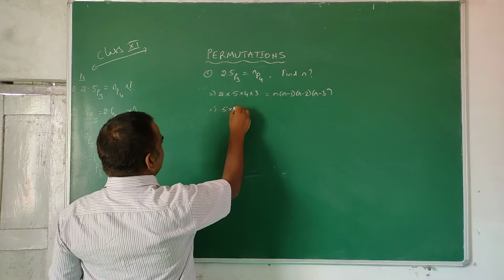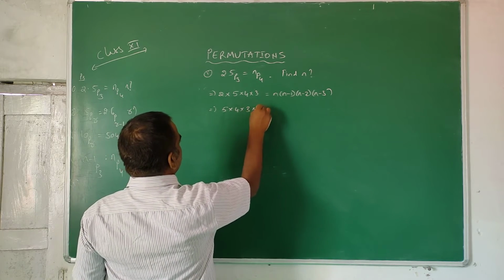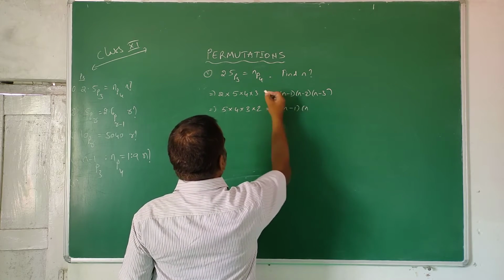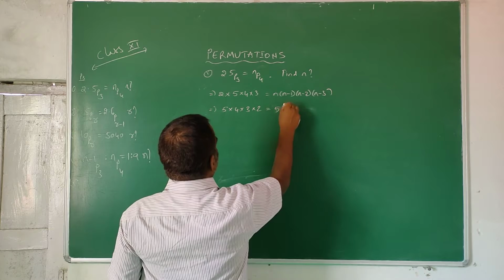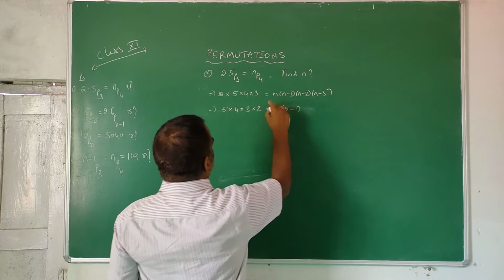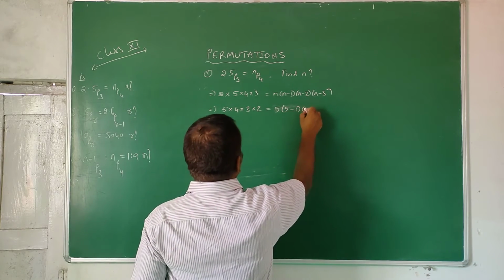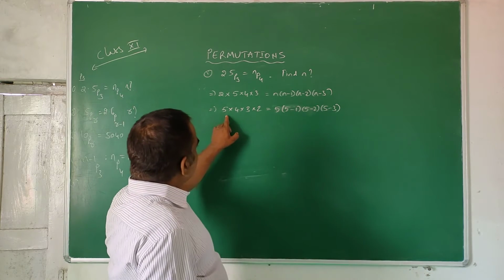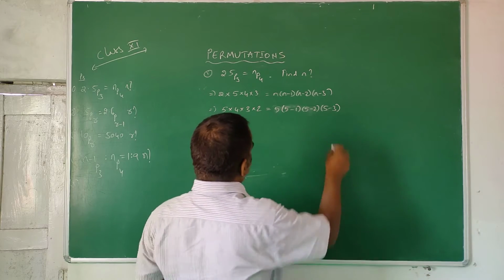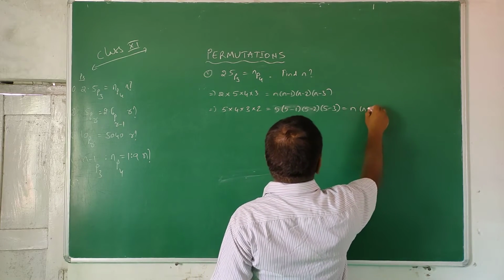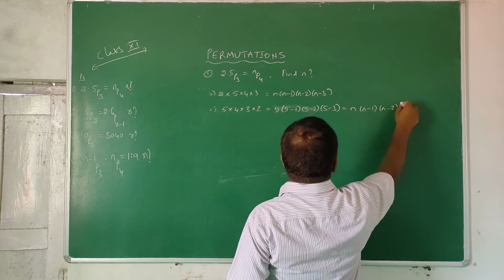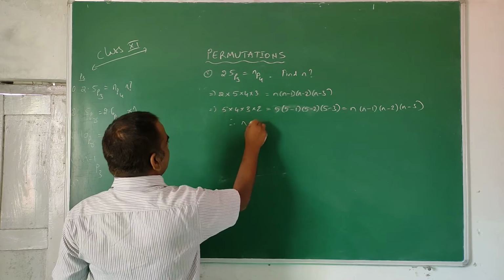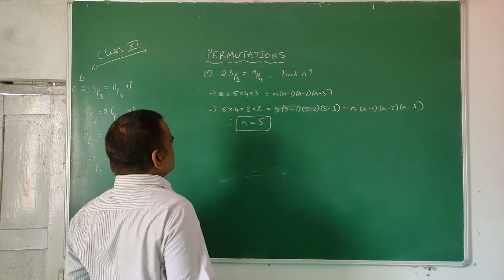So you can write it as 5 into 4 into 3 into 2 is equal to n into n minus 1 into n minus 2 into n minus 3, which is nothing but 5 into 5 minus 1 into 5 minus 2 into 5 minus 3. If you just compare, it is very clear that n is equal to 5. So this is the answer. Understood?